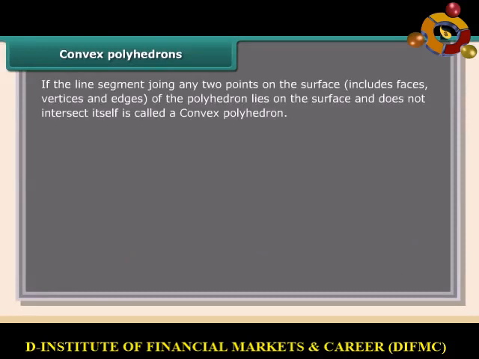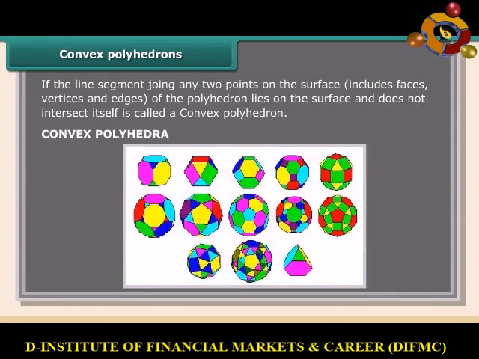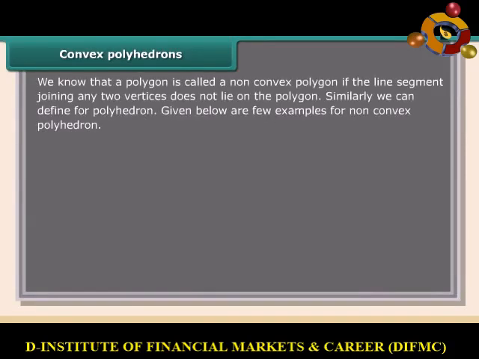Convex polyhedrons: if the line segment joining any 2 points on the surface, including faces, vertices and edges of the polyhedron, lies on the surface and does not intersect itself, it is called a convex polyhedron. We know that a polygon is called a non-convex polygon if the line segment joining any 2 vertices does not lie on the polygon.